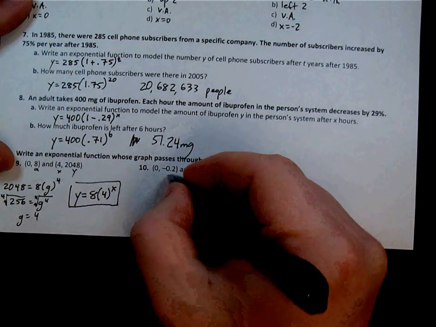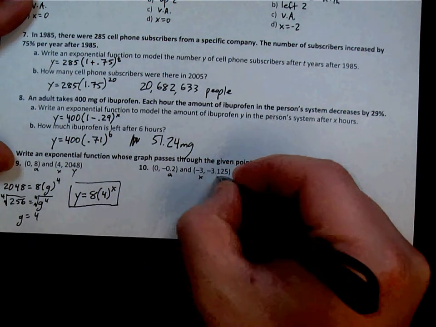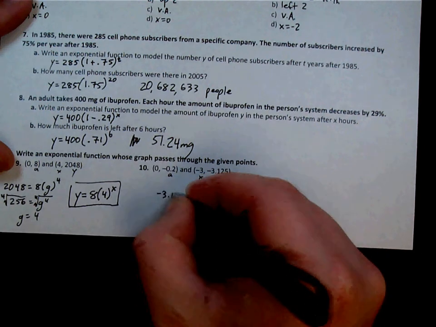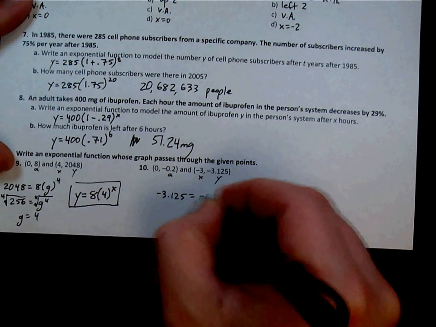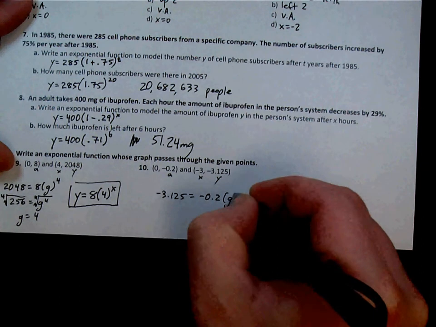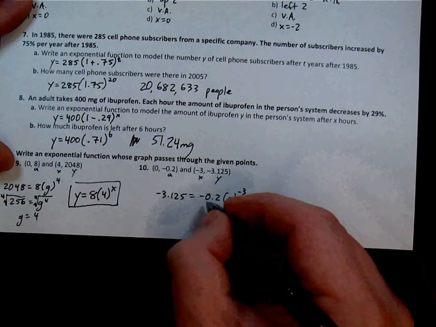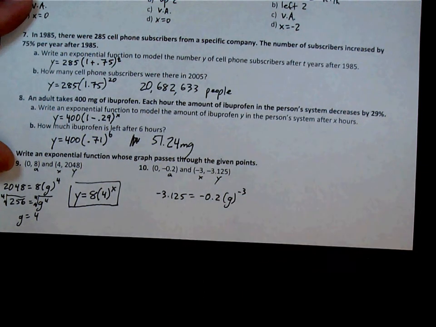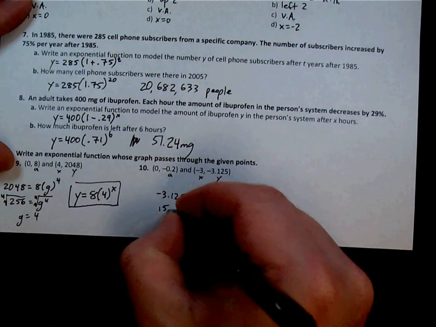I'll repeat that process now with number 10. I'm going to divide by negative 0.2, so negative 3.125 divided by negative 0.2 gives us 15.625.